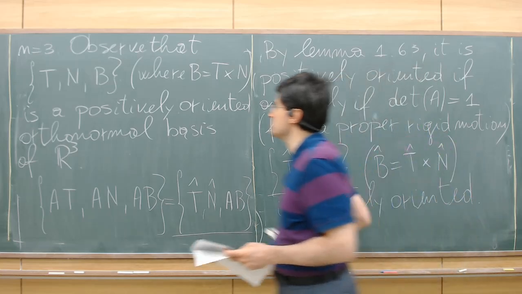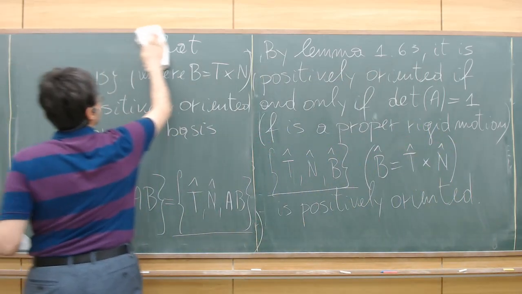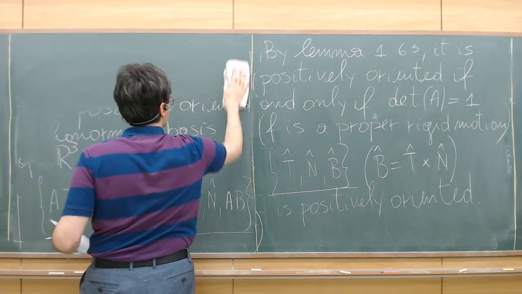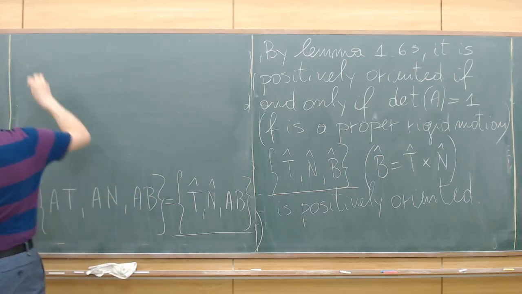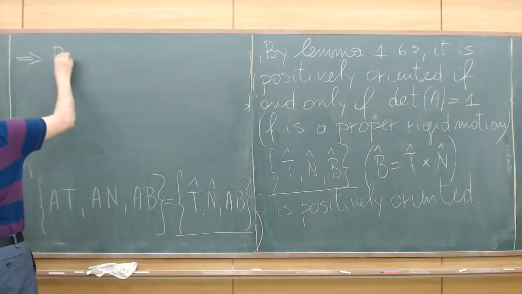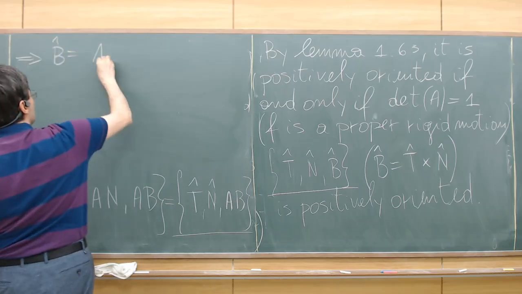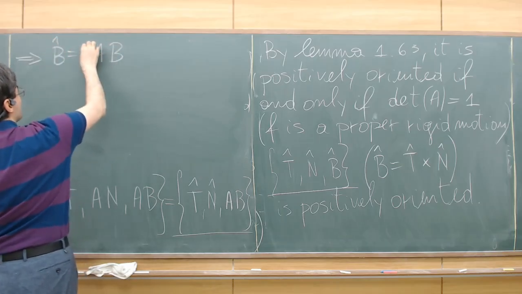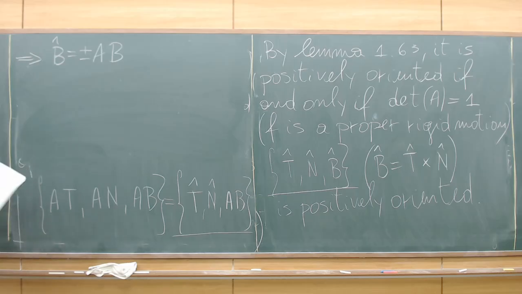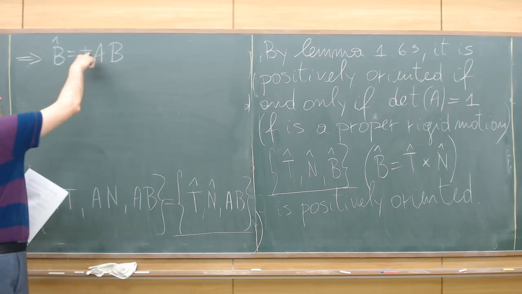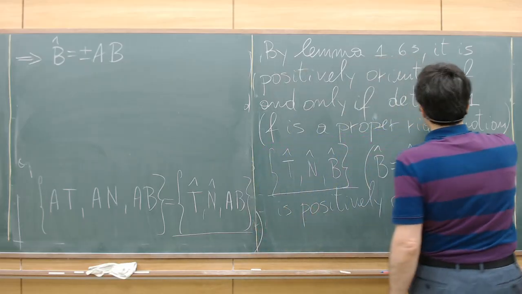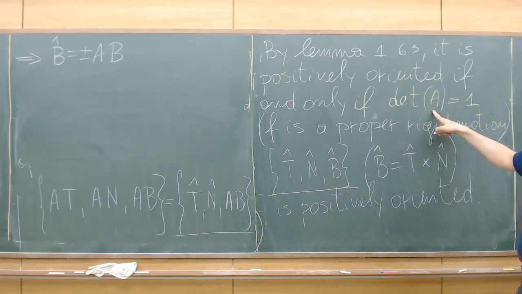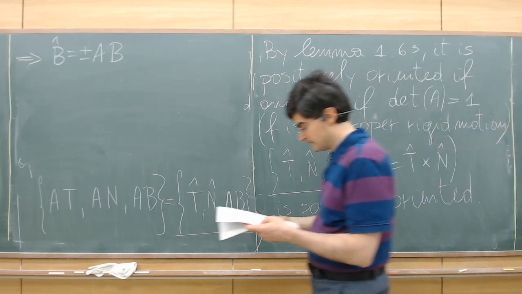The conclusion is B hat is AB up to a sign. The sign will be plus if the determinant of A is equal to 1, and will be negative if the determinant is equal to negative 1.